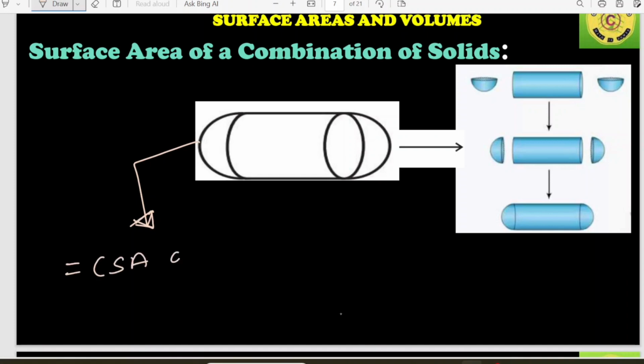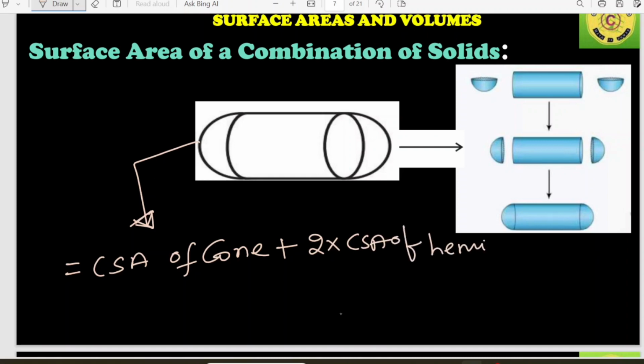This total resultant area is nothing but CSA of cylinder plus 2 into CSA of hemisphere, and we get the required solid surface area.